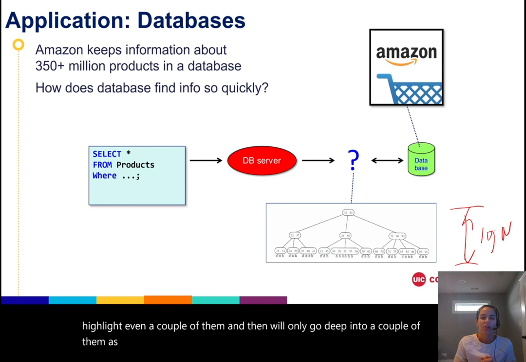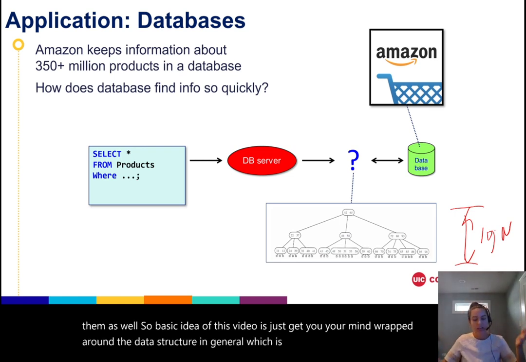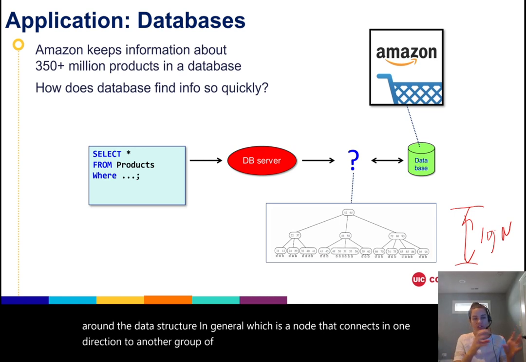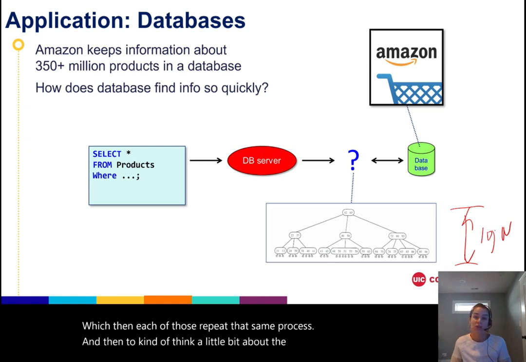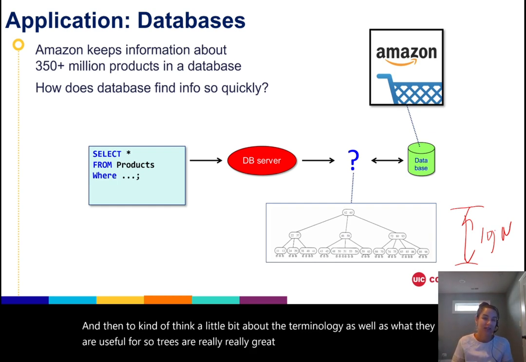So the basic idea of this video is to get your mind wrapped around the data structure in general, which is a node that connects in one direction to another group of nodes, which then each of those repeat that same process. And then to think a little bit about the terminology as well as what they're useful for. So trees are really great for storing data.